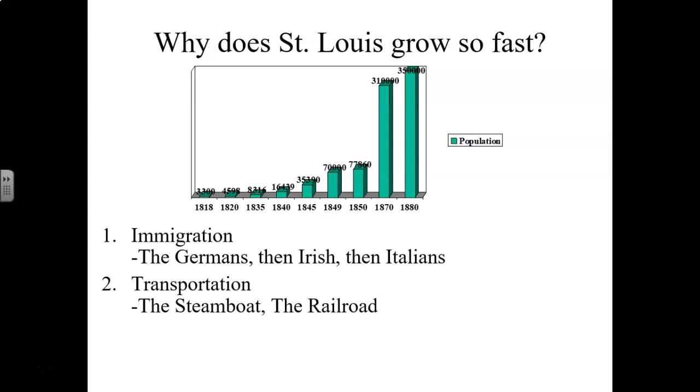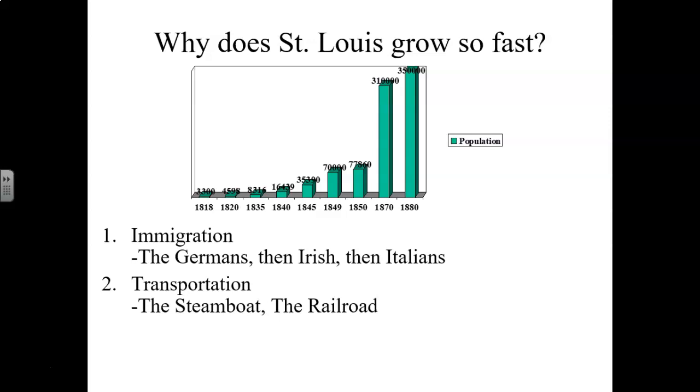But now we have the ability to go upriver, so we can travel from New Orleans to St. Louis. We can travel from St. Louis to Cincinnati. And so this makes river travel a whole lot more doable. And then the railroad obviously will allow people to travel over greater distances at a more quicker time pace.